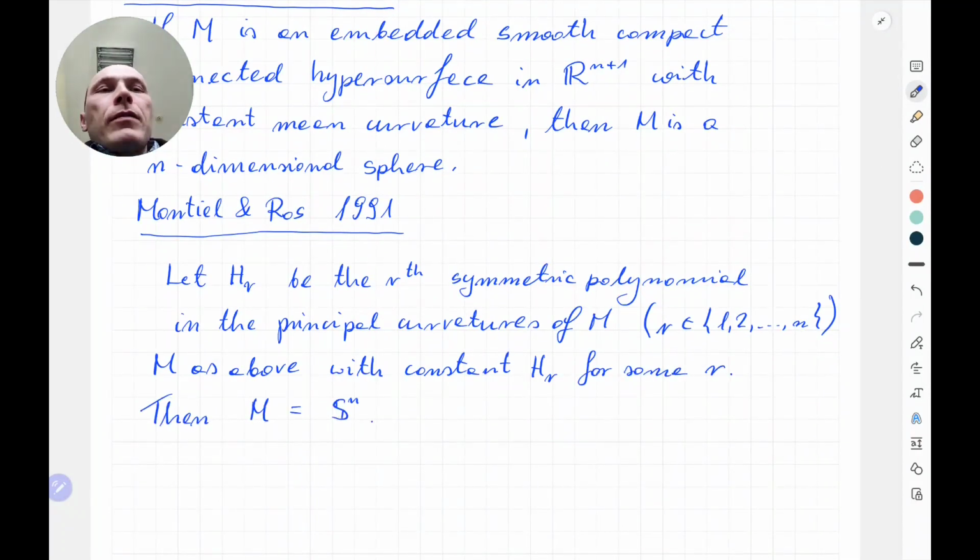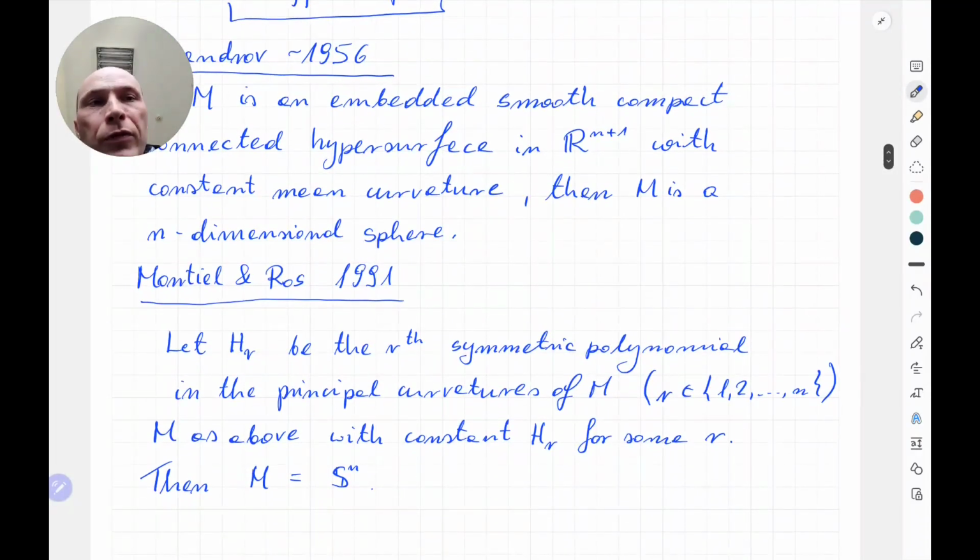So if you have the same M with the same assumptions, embedded smooth compact connected hypersurface in R^{n+1}, still smooth, and constant H_r rather than constant mean curvature, then it must be a sphere.